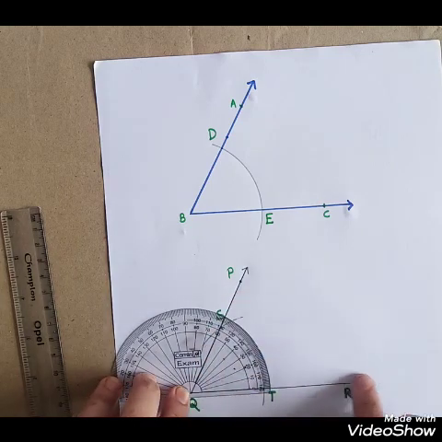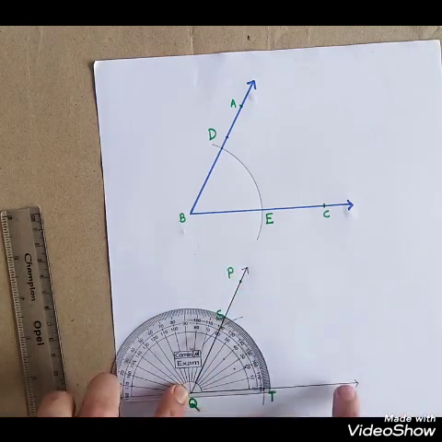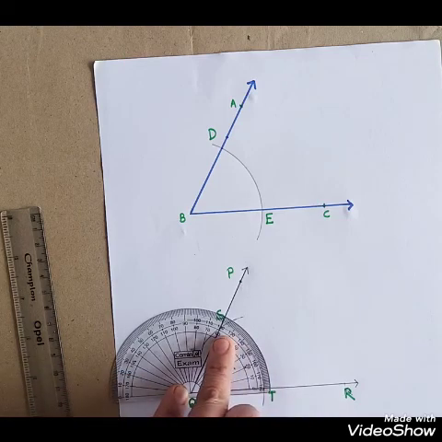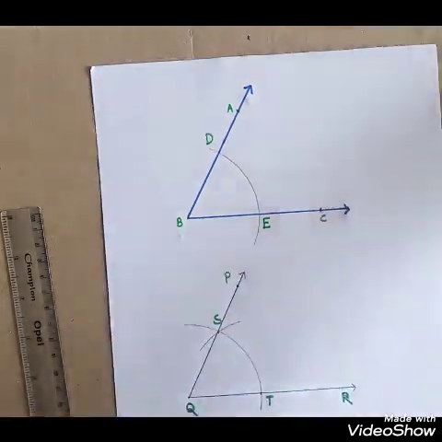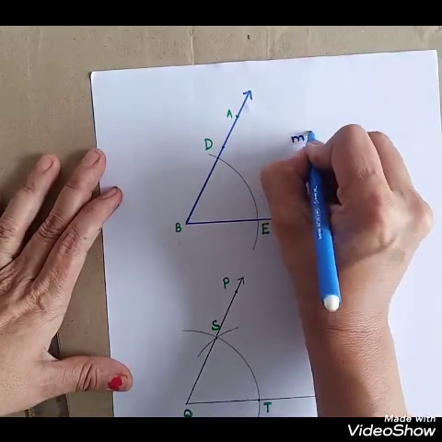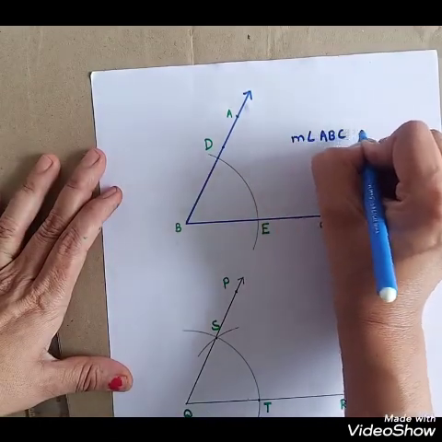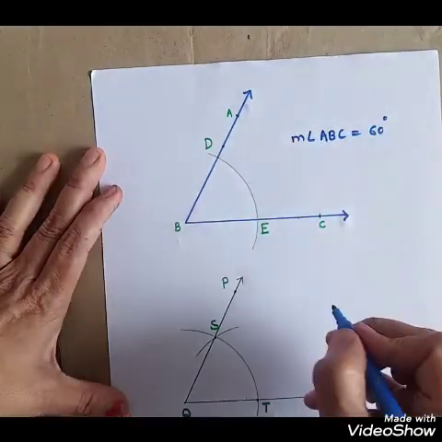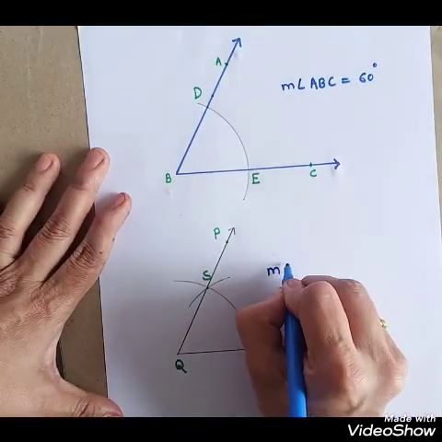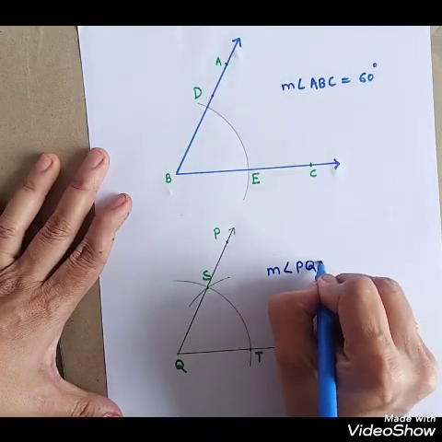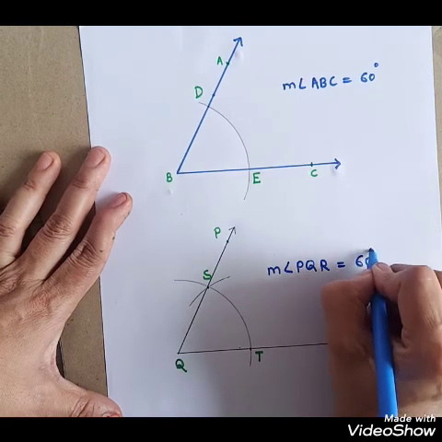Look, this is angle PQR. It is of 60 degree. So that means the measure of angle ABC is 60 degree, and we have drawn angle PQR of measure 60 degree.